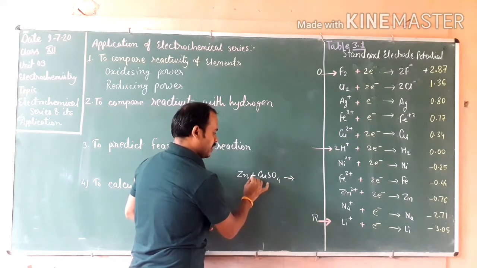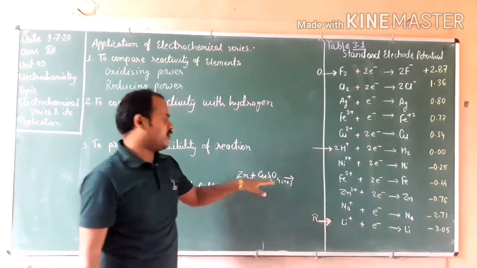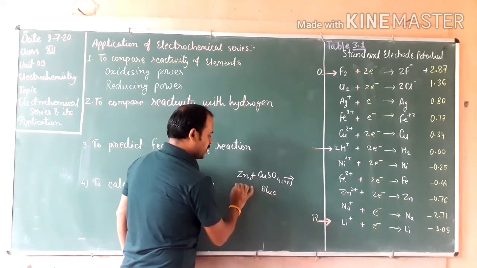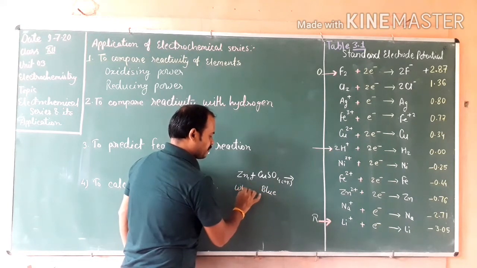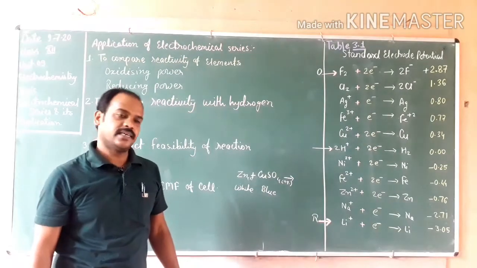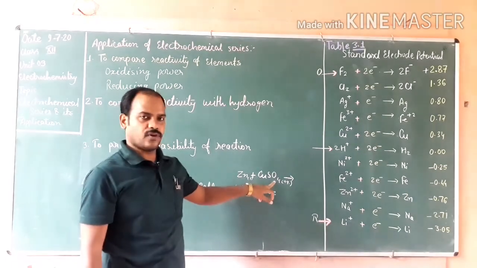Zinc was solid, and copper sulfate was aqueous. The color of copper sulfate is blue, and the color of zinc is silvery white.